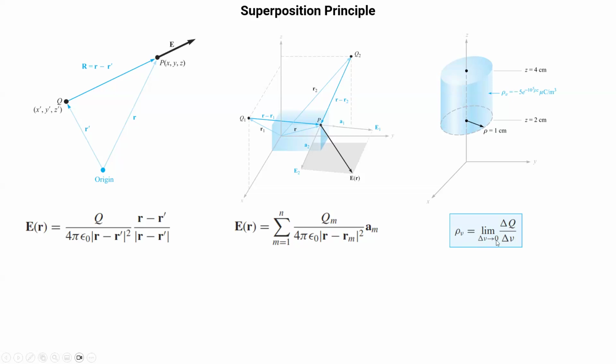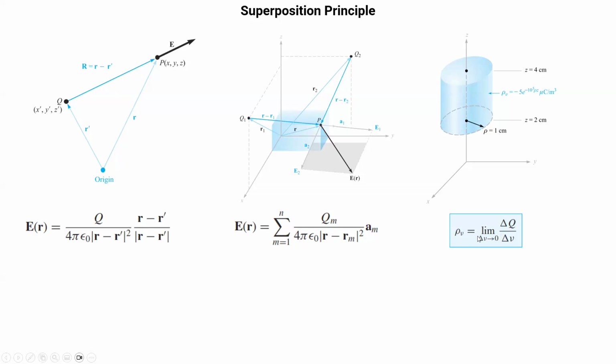By doing so, we introduce the concept of charge density, which we already used. Essentially, charge density is the ratio of the charge within some volume divided by the value of this volume, right?